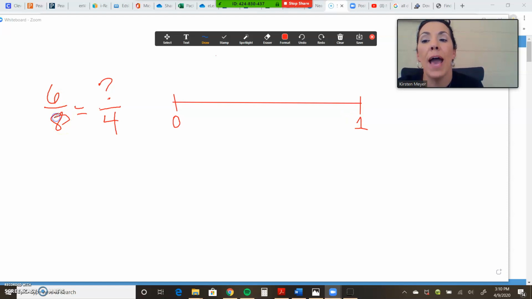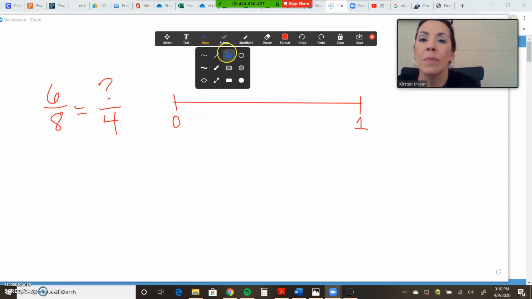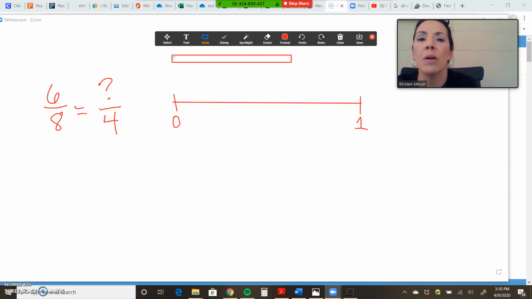And I know that my denominator is 8, so I want to make sure that I have 8 spaces on here. Well, for Miss Meyer, it's a little hard. I'm going to draw a model because I'm really not good at that. If you're good at it, then you go for it. But I'm going to chop my model. There's 2 parts.